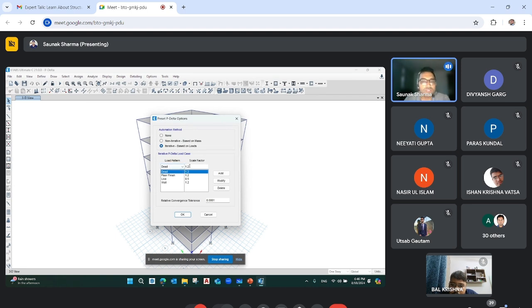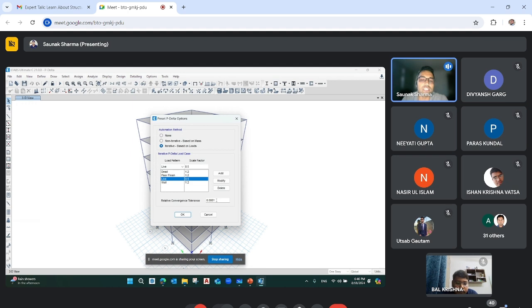Here we define this from this drop-down. We need to select those load cases. Dead, live, and this wall and floor finish also come under dead load. So I have given the factor 1.2 for dead, 1.2 for wall, 1.2 for floor finish, and 0.5 for live load. Before, I talked about this convergence tolerance.